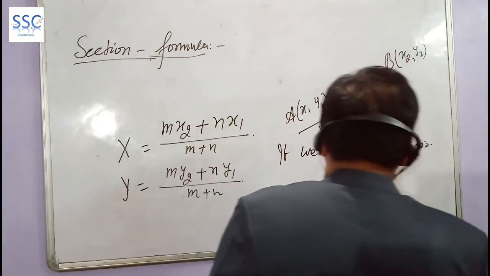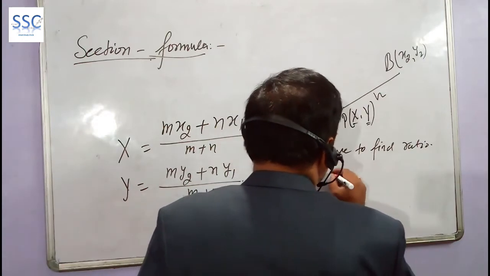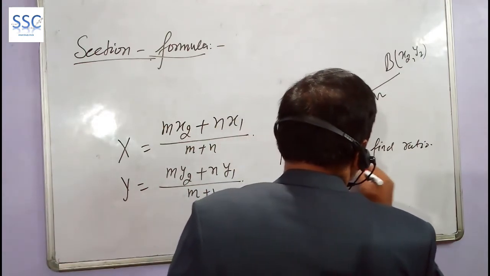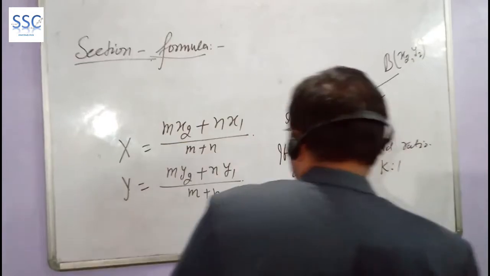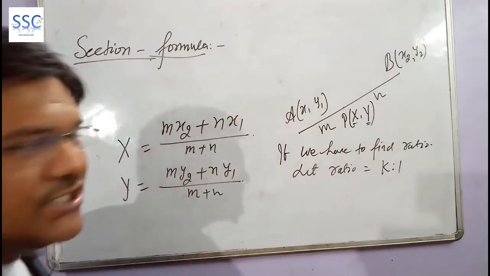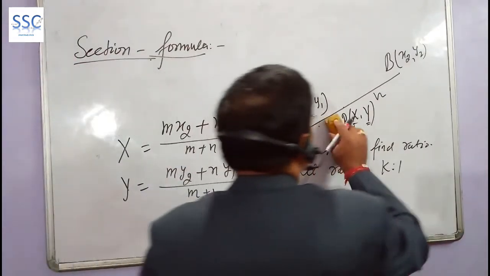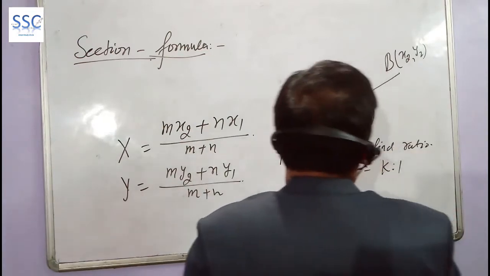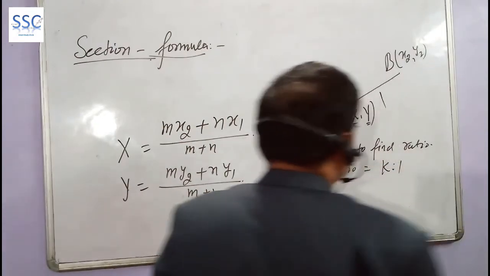In that case, let the ratio be k:1. You do not take m:n. So this side is k and this side is 1.